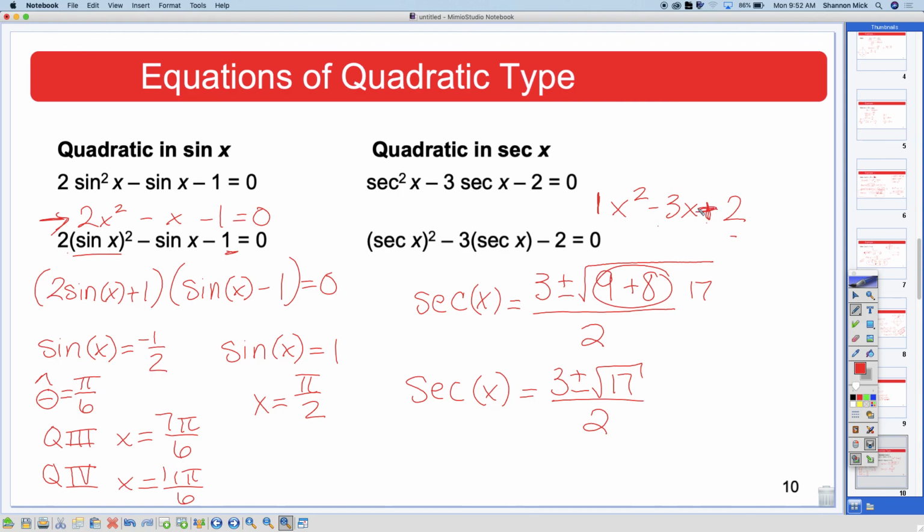It would have been secant x minus 2 and secant x minus 1. So secant of x would have equaled 1 and 2, and you would have had to use your calculator, right? So try those, okay?